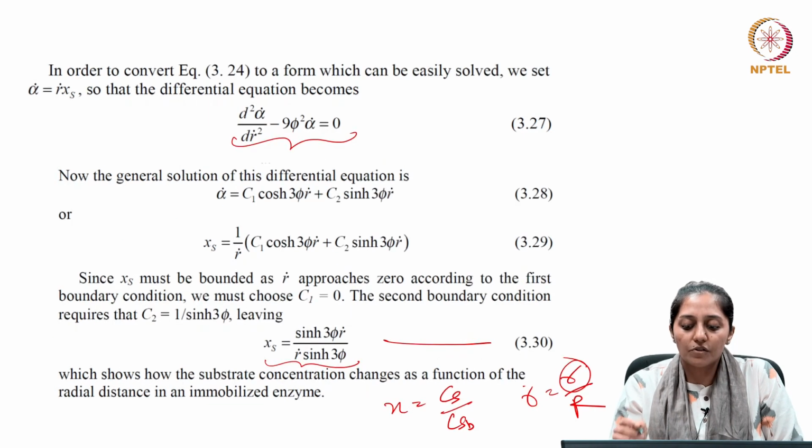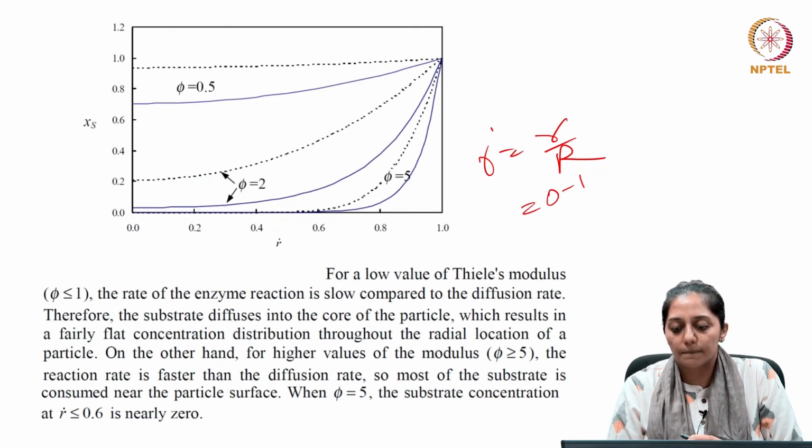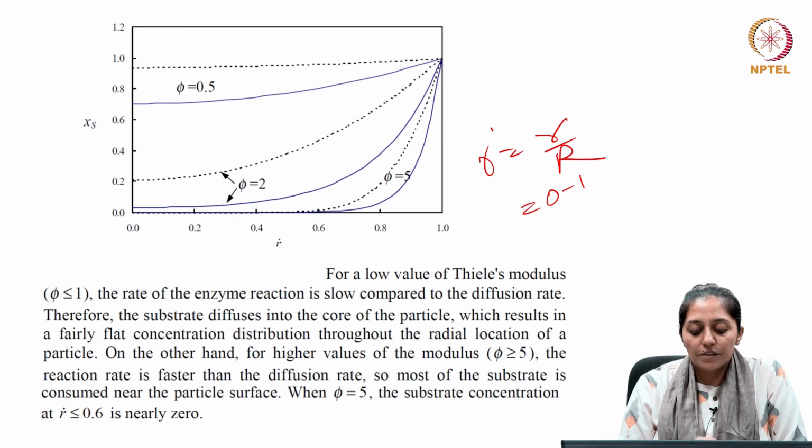So, if the reaction rate is higher than the diffusion rate, the reaction is faster than the diffusion, so most of the substrate will be consumed near the particle surface. Similarly, if the Thiele modulus value is low, then this would mean that the rate of enzyme reaction is slower in comparison to the diffusion rate.